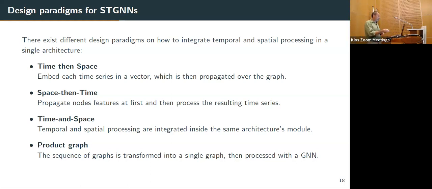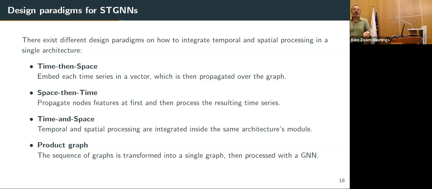Or the second one, space then time: convolution over space, the graph, and then convolution over time. Clearly, you are changing the operators, because convolution over space is graph neural networks, and convolution over time is recurrent neural networks, transformers, other technologies, okay?